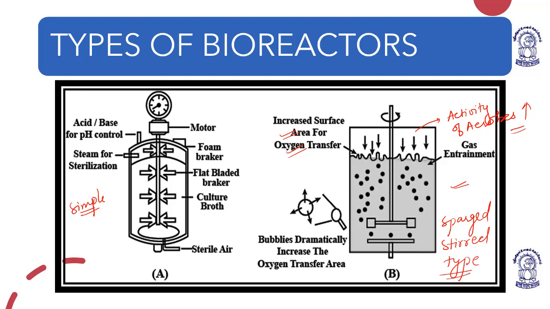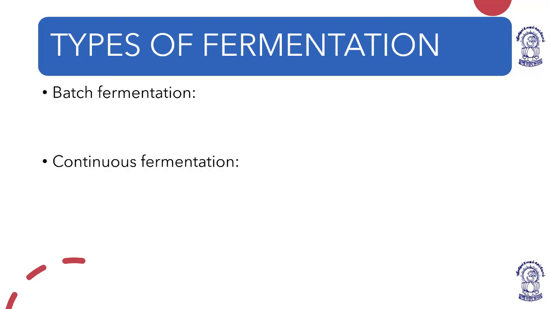Understood? Next, the types of fermentation. The fermentation process is a natural process through which microorganisms turn raw materials like glucose and other products into alcohol. Fermentation was originally applied only to the anaerobic process.